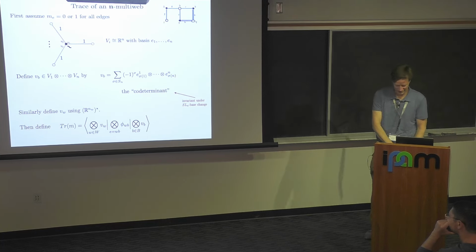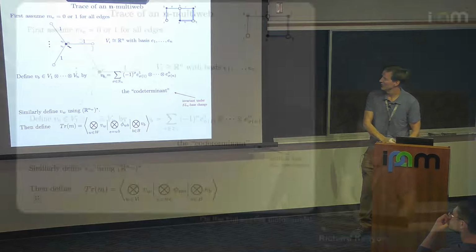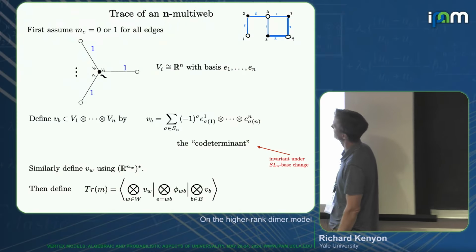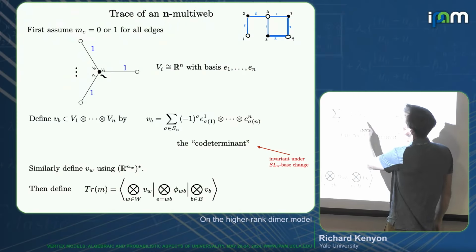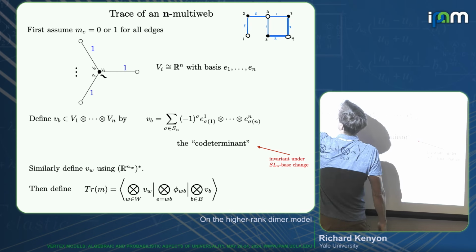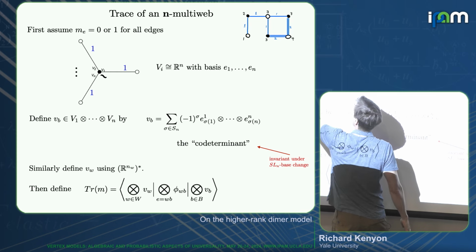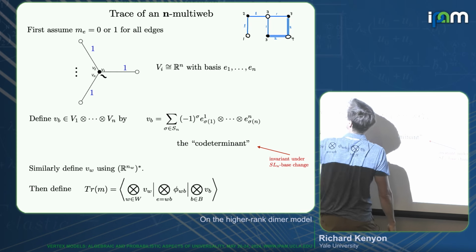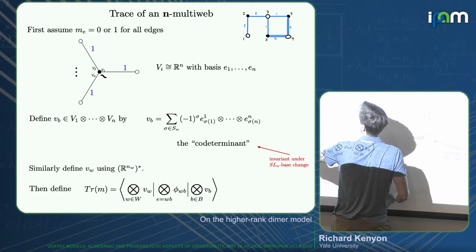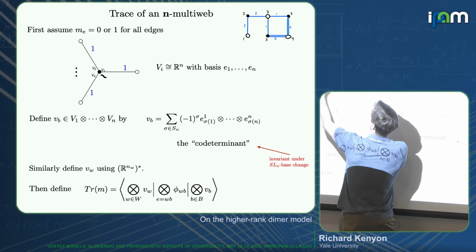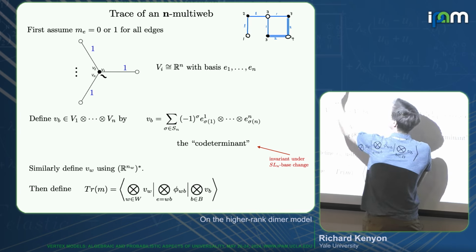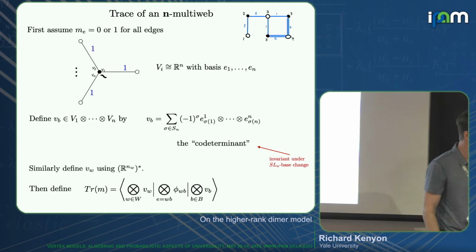Okay, and if you were paying attention, you might notice that if n was even, I had to choose a particular order, a starting point for this order here, because if I change where I start, then I might get a sign in here, and that's what that little symbol means.